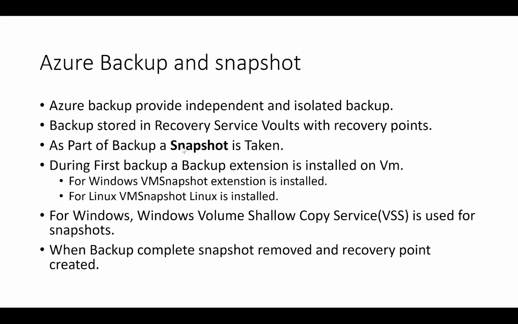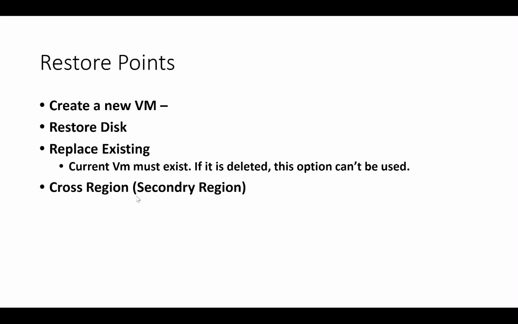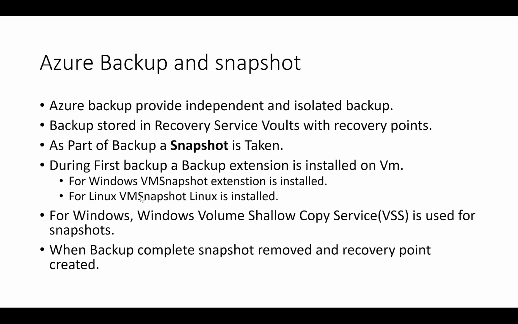By taking a backup, it installs an extension on your VM. If you are using Windows, then it installs the VM snapshot Windows extension. If you are using a Linux machine, it installs the VM snapshot Linux extension.